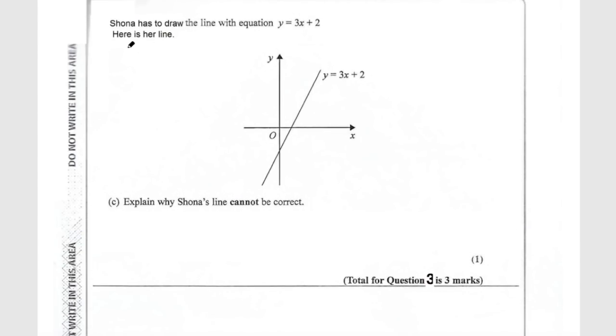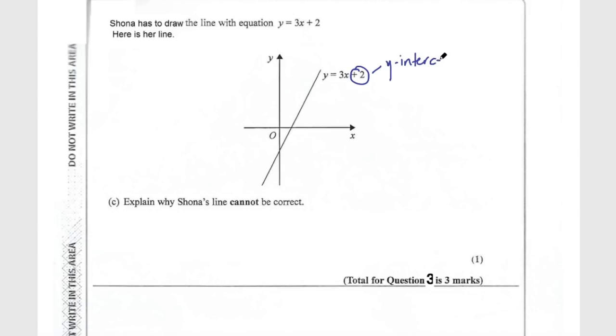The last part of this question says, Shona has to draw the line with equation y equals 3x plus 2. Here is her line. So here's the x-axis, here's the y-axis, and there's the line. Explain why Shona's line cannot be correct. Well, when you're given an equation of a straight line, the number on the end is the y-intercept.